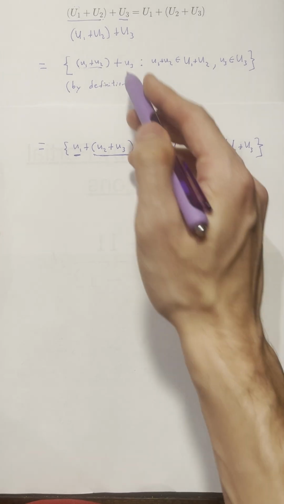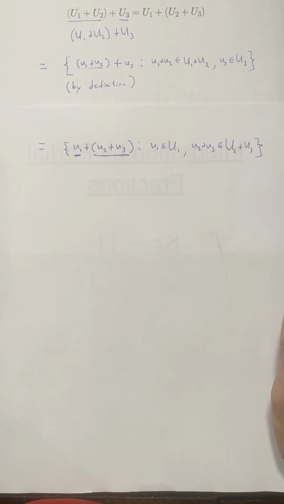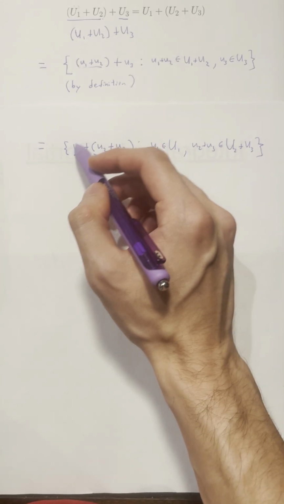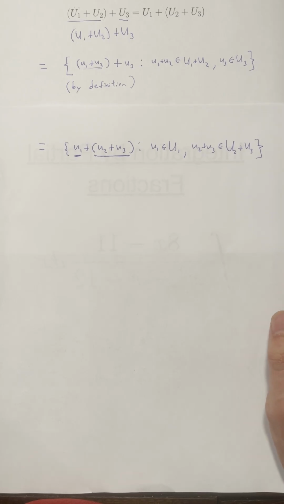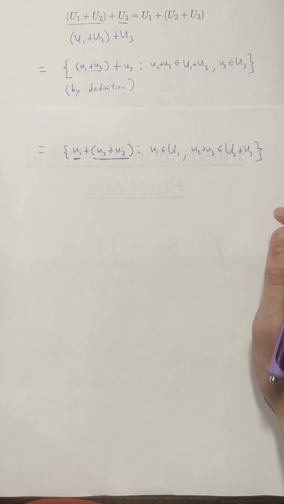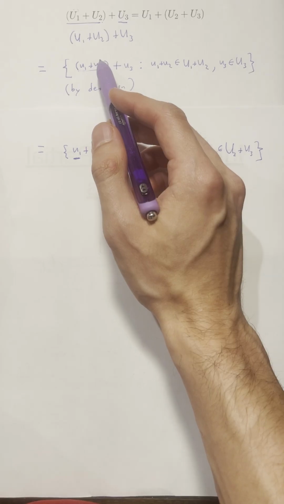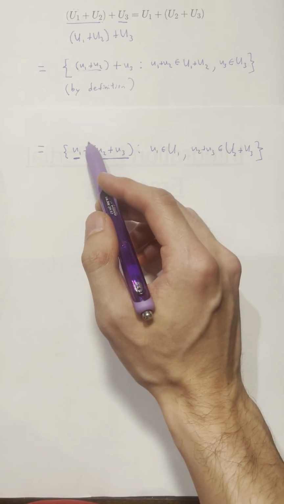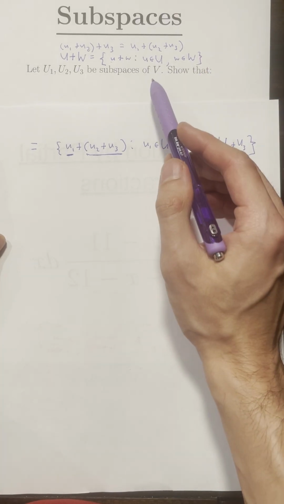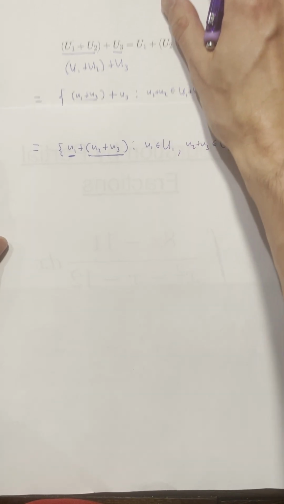Okay, but is this really equal to this? Well first, is this equal to this? Well, yes. How come? Because these vectors belong to the same vector space.